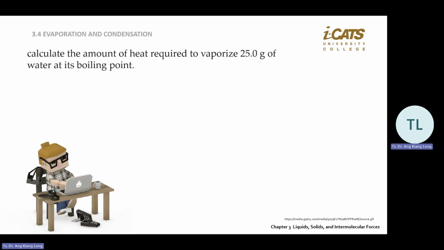H is 1 gram, multiply 2 hydrogen. Oxygen is 16 point something, right? You refer to chapter 1 periodic table, you arrive at 18 point something gram, right? So you need to use 18 point something, 3 digits at the back, to divide the 25.0 gram.